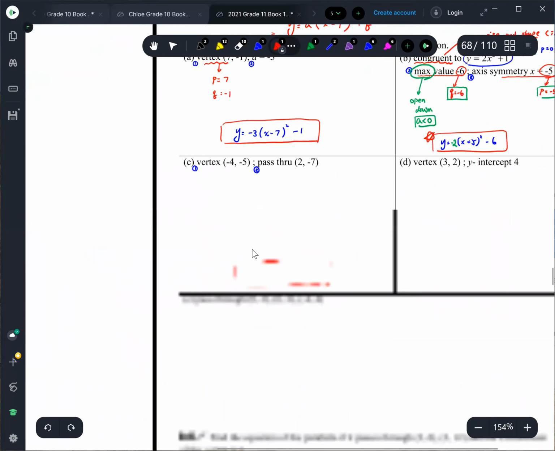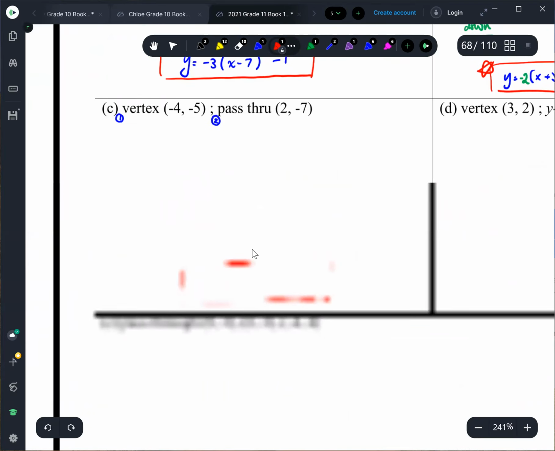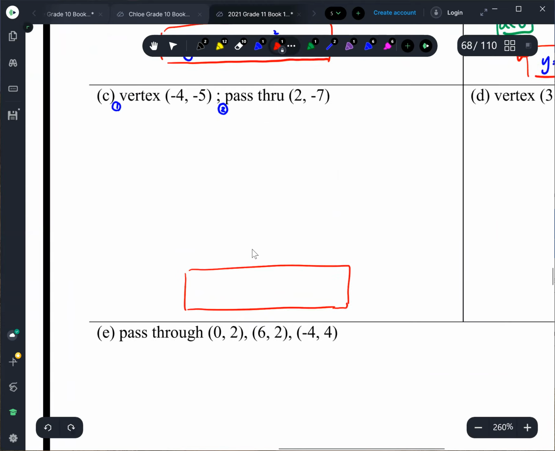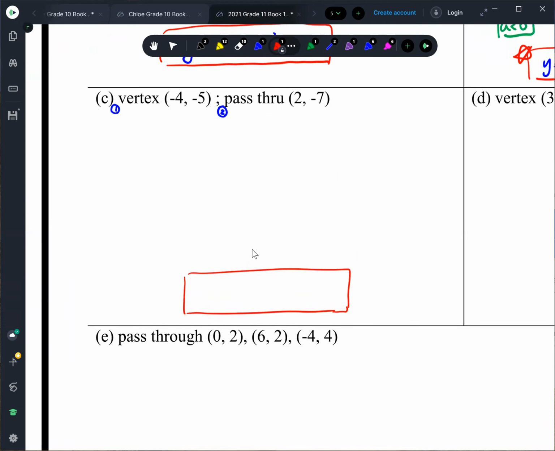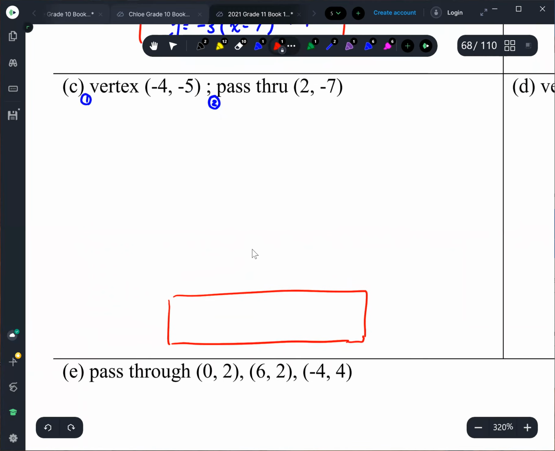So passing through means they are part of the table. If you found the equation, please raise your hand.